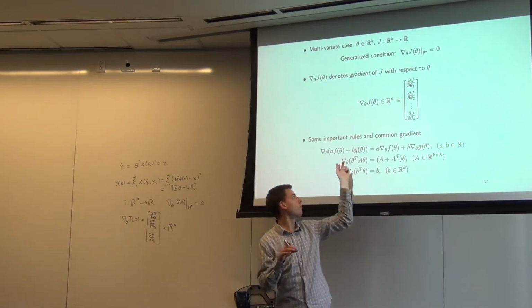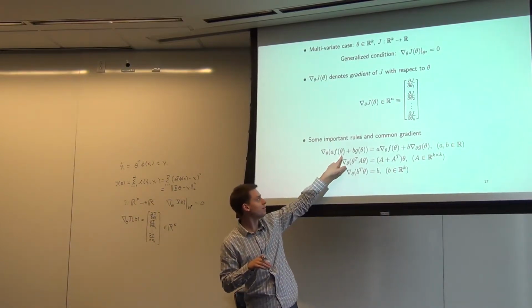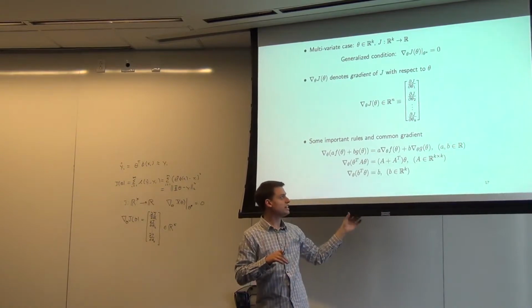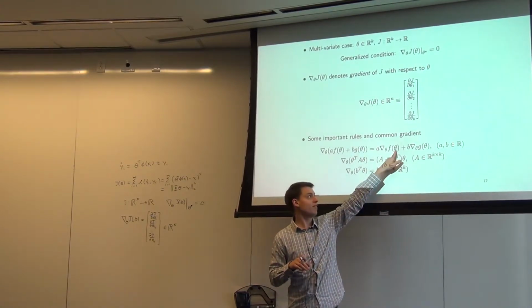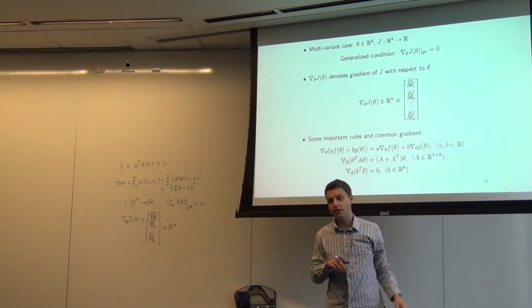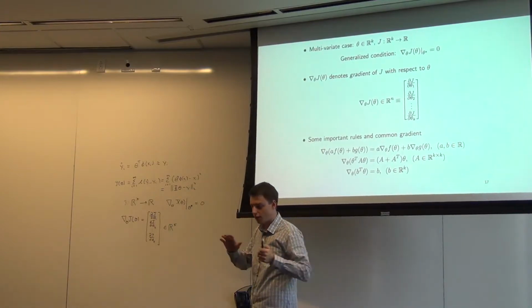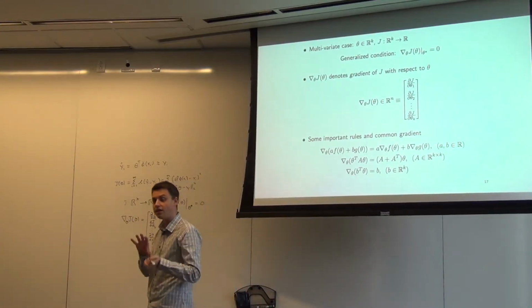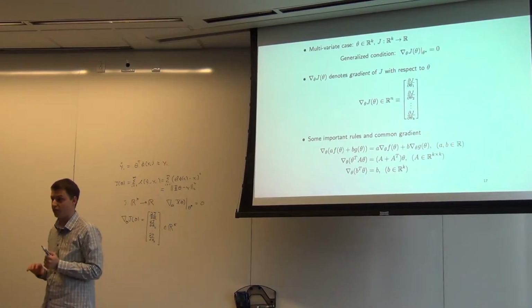So the gradient of a times f of theta plus b times g of theta is equal to a times the gradient of f of theta plus b times the gradient of g of theta. So we can basically push gradients inside addition and inside multiplication by a scalar.